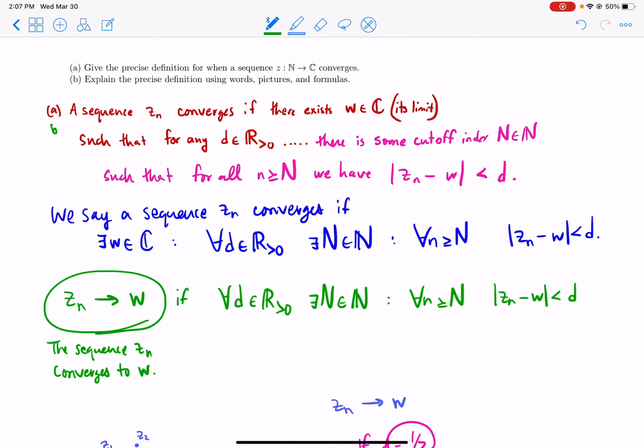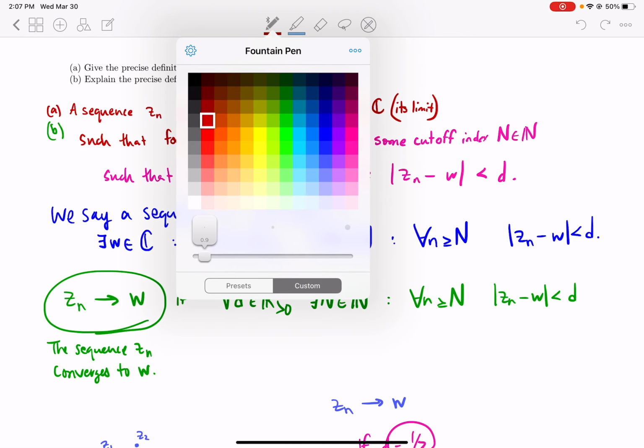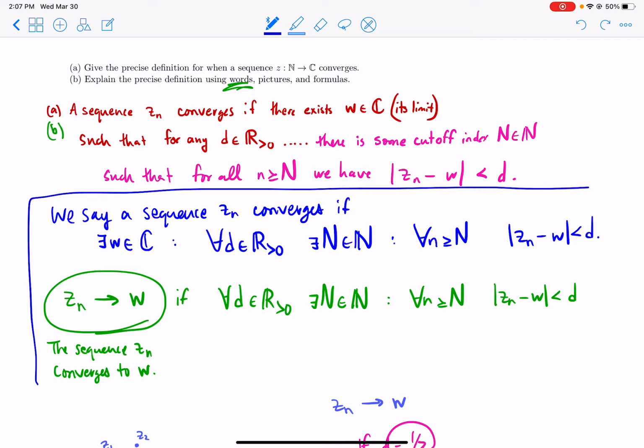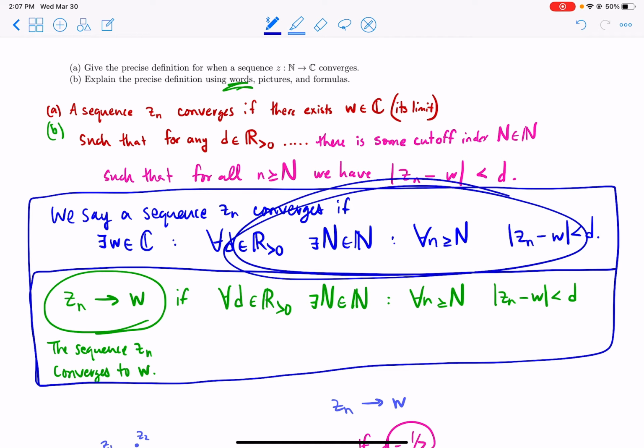So really this is sort of A and B, because here I'm using words. Maybe I could add some more words. Both of these are very important. You really need to become okay with all these symbols and to know what they mean.